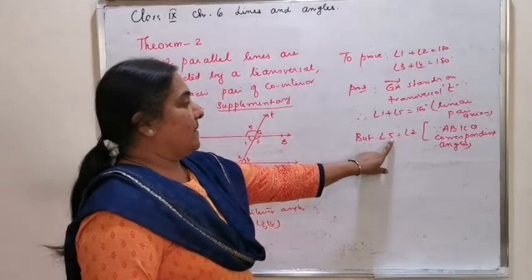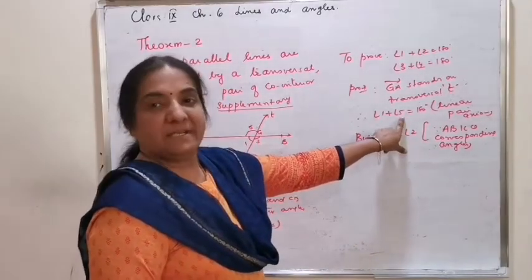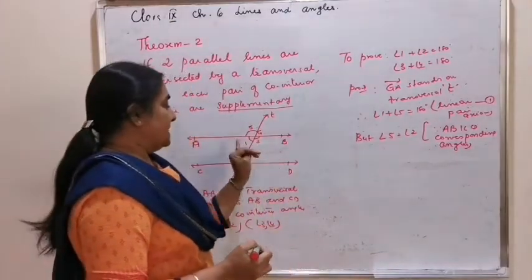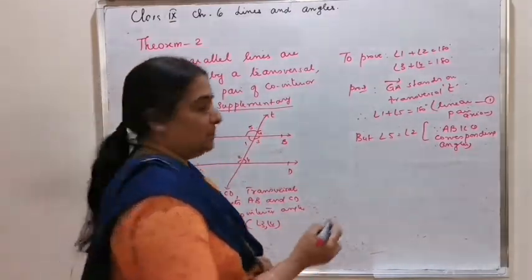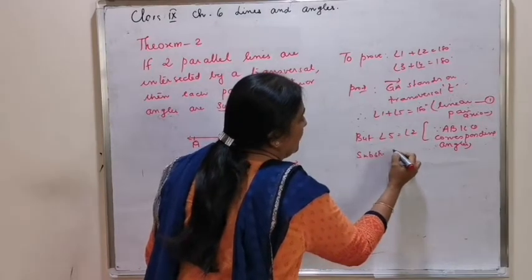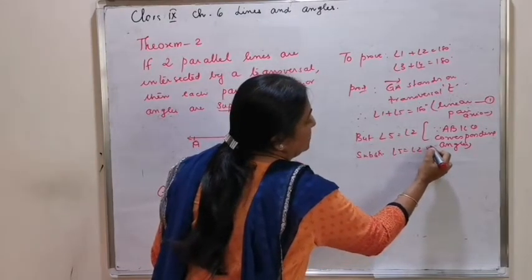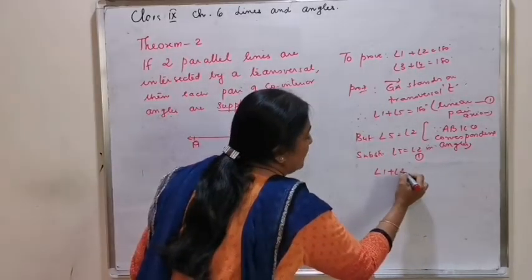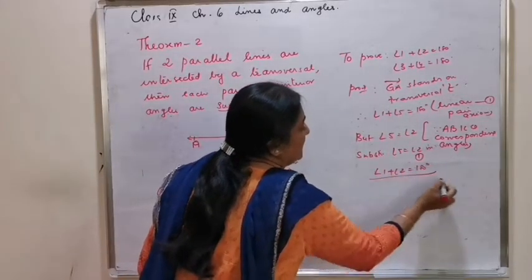If you replace the value of 5 as 2 in equation number 1, you will get 1 plus 2 is equal to 180. Therefore, substituting angle 5 is equal to angle 2 in equation 1, angle 1 plus angle 2 is equal to 180 degrees.